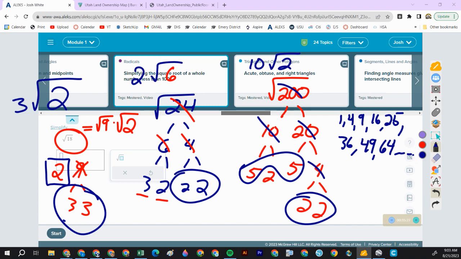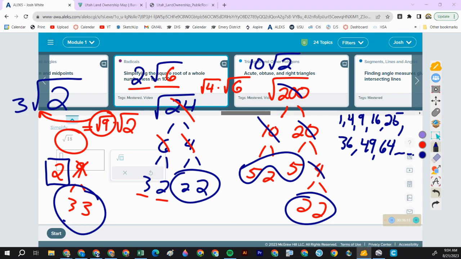So how do we simplify this? We just square root the 9. And I get that answer. 3 root 2. Okay? Look at the square root of 24. Does 24 have any perfect squares inside it? Four. And 24 is the square root of 4 times the square root of 6. And the square root of 4 is 2. So 2 root 6.